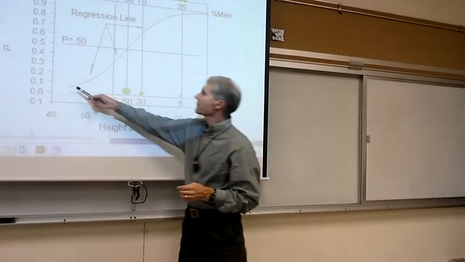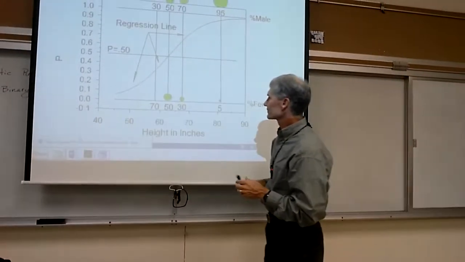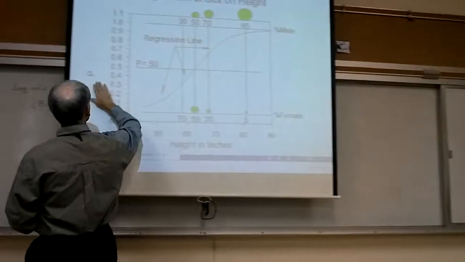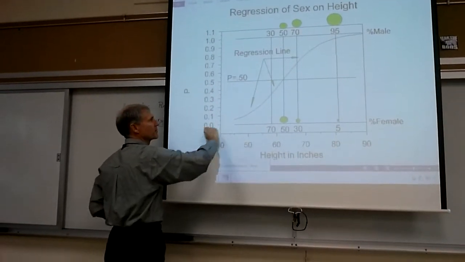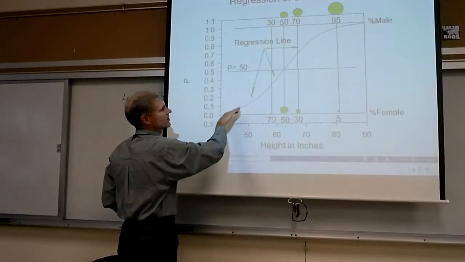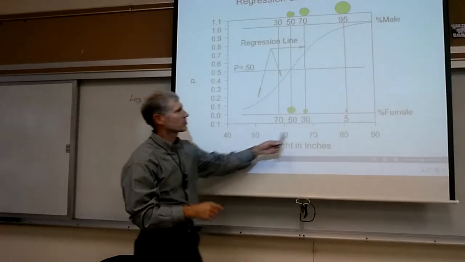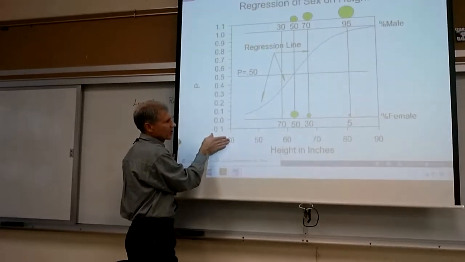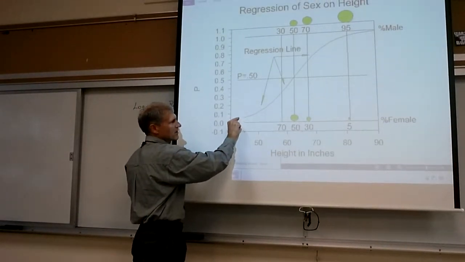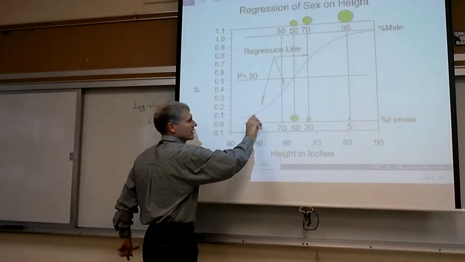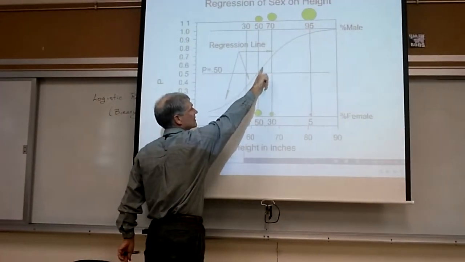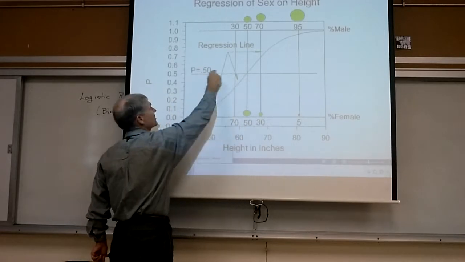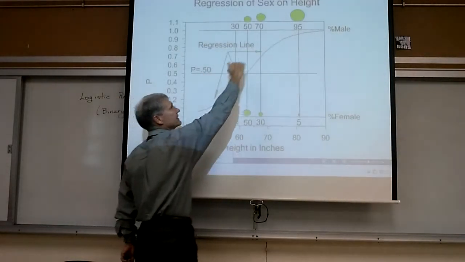And so this curve that's going up through there, this is P for probability. This is percent that's female. Height in inches, as you go up in inches, you've got very few that are female, but by the time you get to the mean height for females, which is about 65 inches, you're up to about p equal 0.5, and then it tails off.